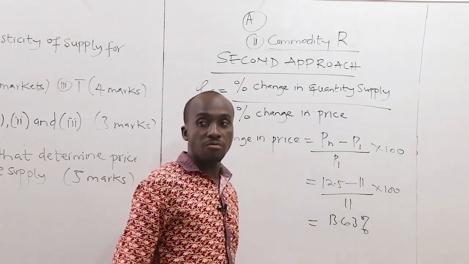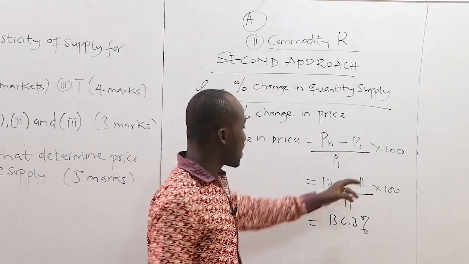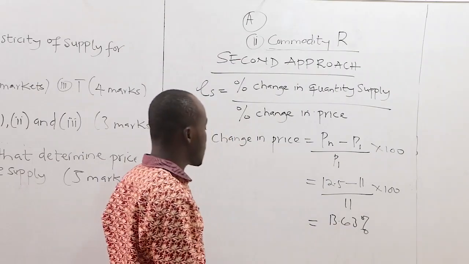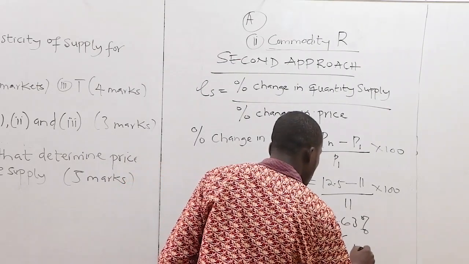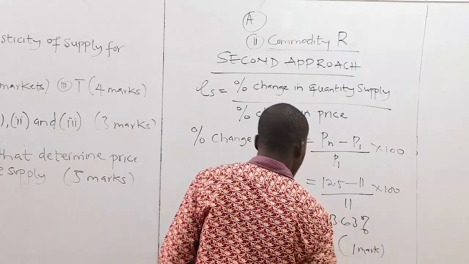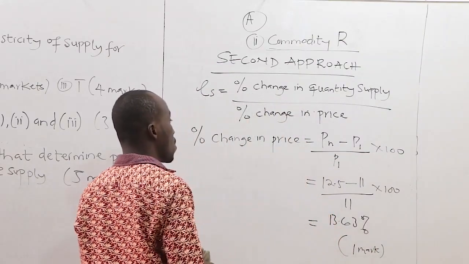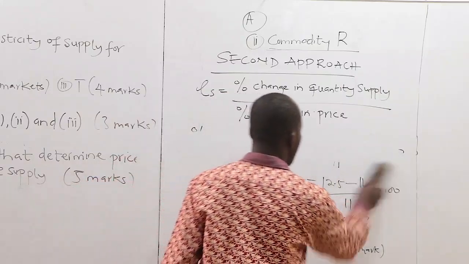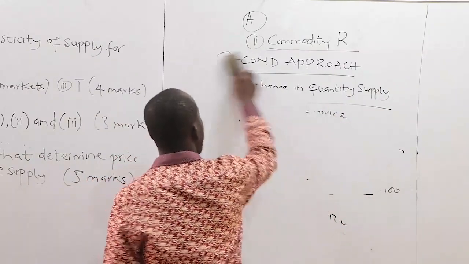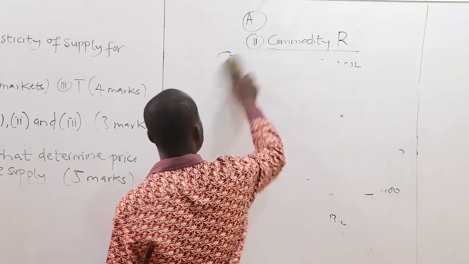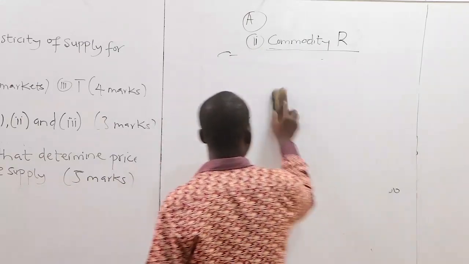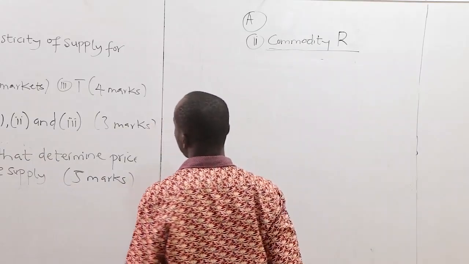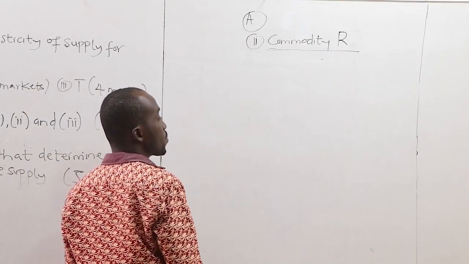The new price is 12.5, the initial is 11, divided by 11, times 100. You're going to get 13.63, and that'll give you 1 mark. That's 1 mark. Okay. So you get 4 marks for that.